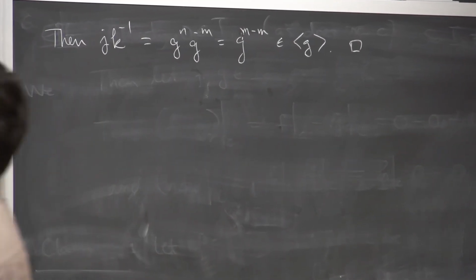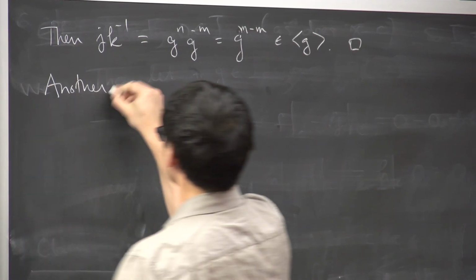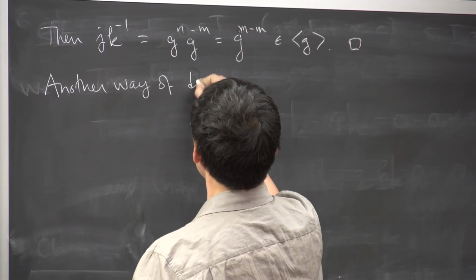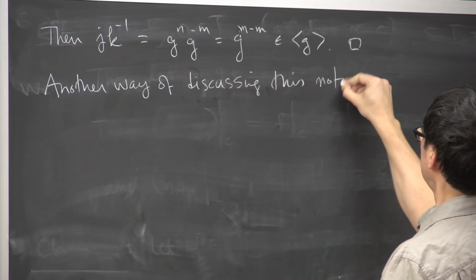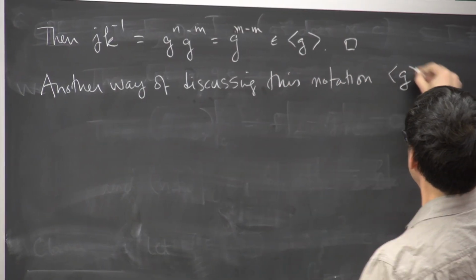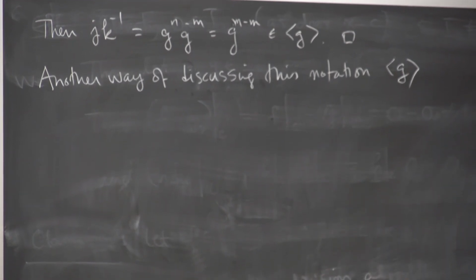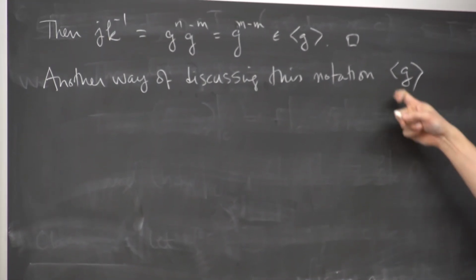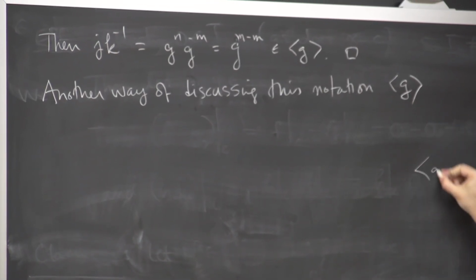So there's another way of discussing this notation, G, which is the following. Let me just say, this is all the powers of G. What would this notation be like that?